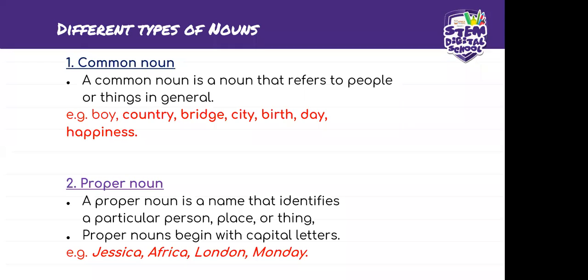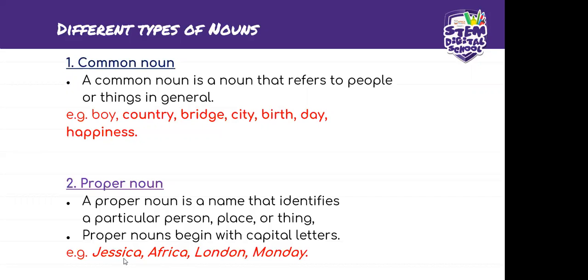A proper noun is a noun or a name that identifies a particular person, place, or thing. Again, proper nouns begin with capital letters. For example, Jessica, Africa, London, Monday.